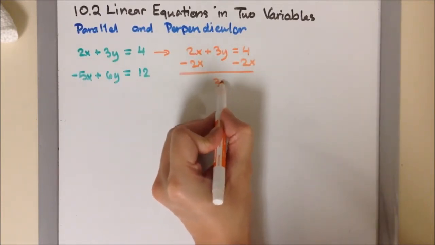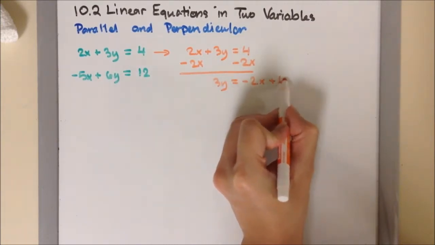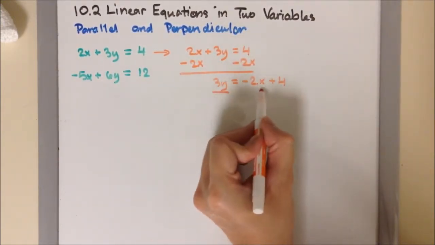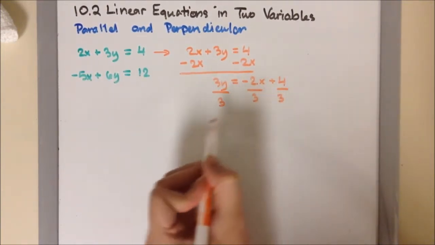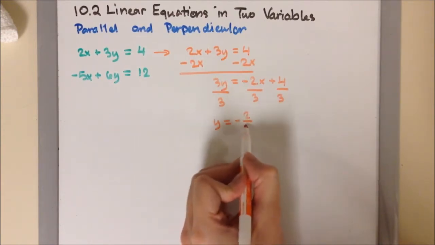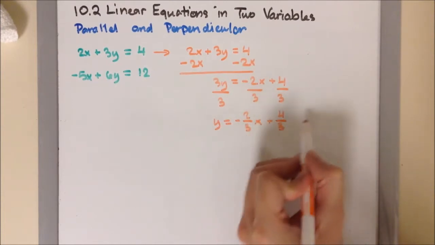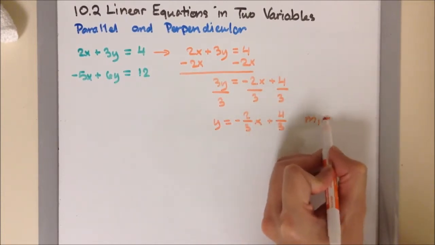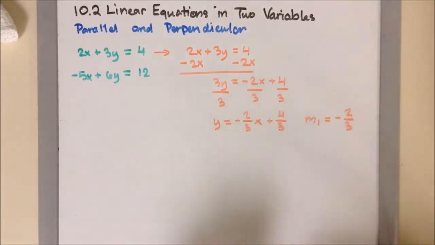So I'm going to get 3y equal negative 2x plus 4. Then I'm going to divide both sides by 3. So I'm going to have y equal negative 2/3 x plus 4/3. So my first slope, m sub 1, is equal to negative 2/3.